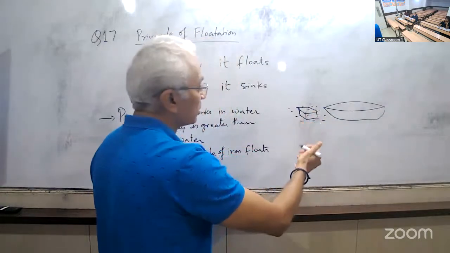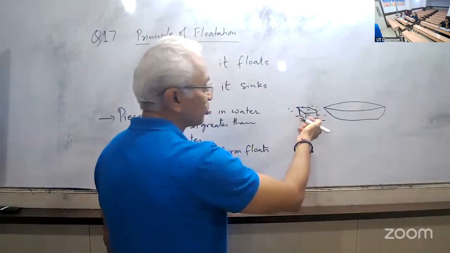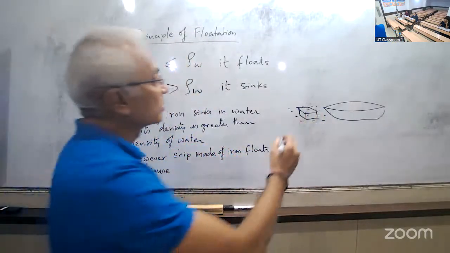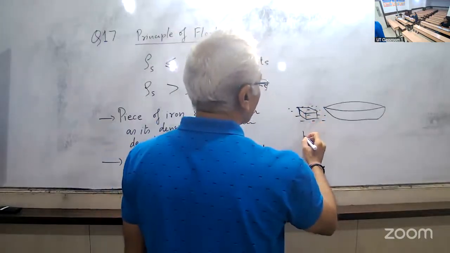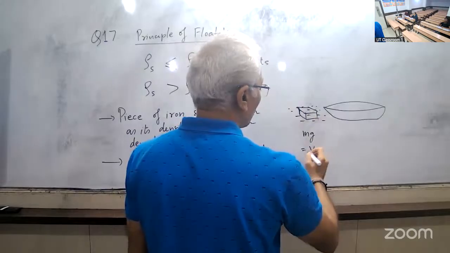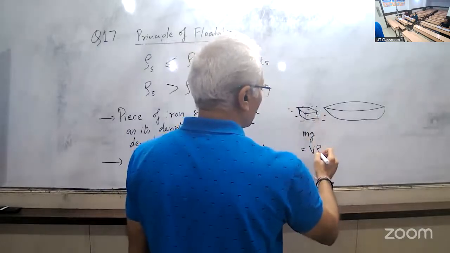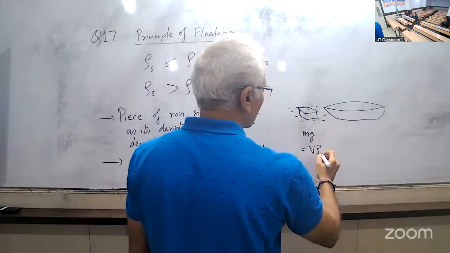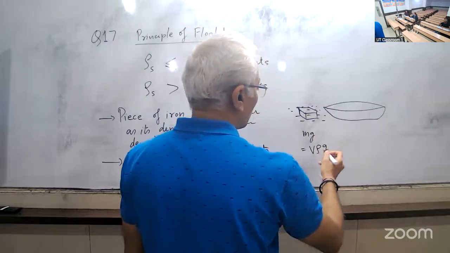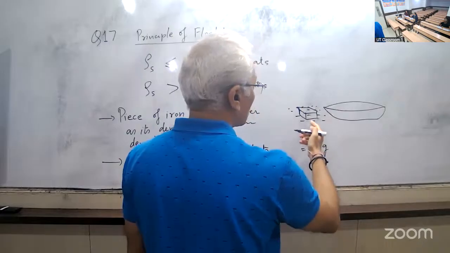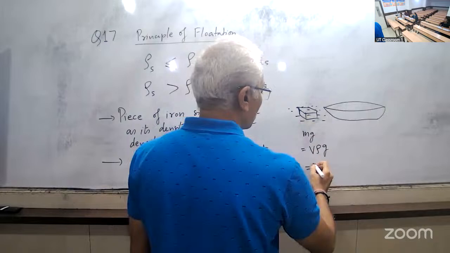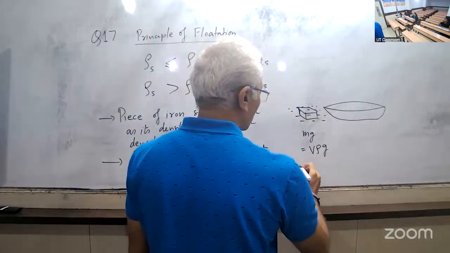That is going to be less than the weight of the block because of density. What is weight? Weight is mg of this block. It will be volume of iron block into density of the block, and g. Then how much weight of water will it displace?